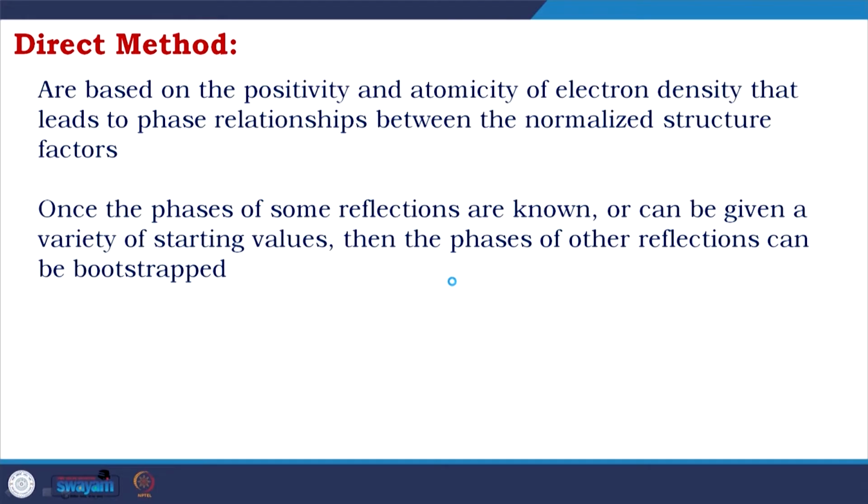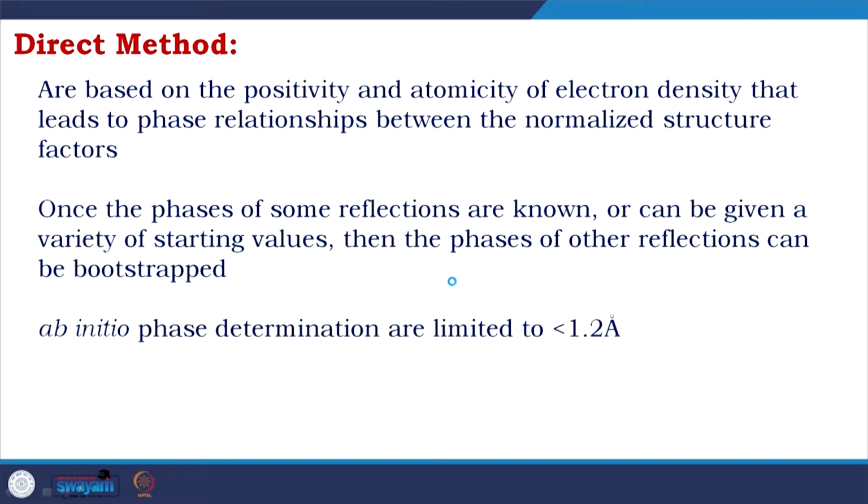Some reflections where the intensities are very high, or which can be given a variety of starting values, then the phases of other reflections can be bootstrapped. But this ab initio phase determination is limited to resolution better than 1.2 angstrom. Lower the number means higher the resolution, so going below 1.2 means we go for very high resolution.